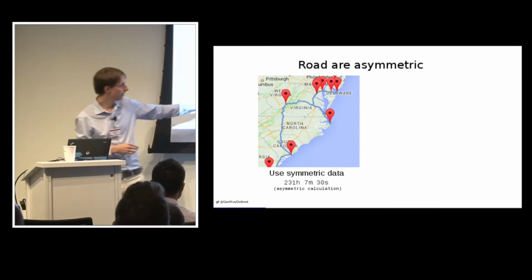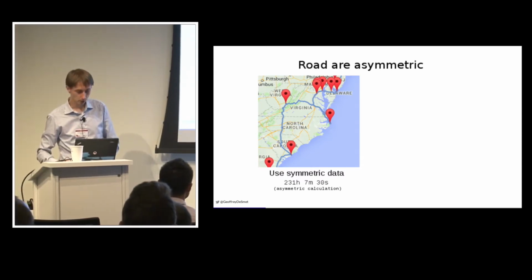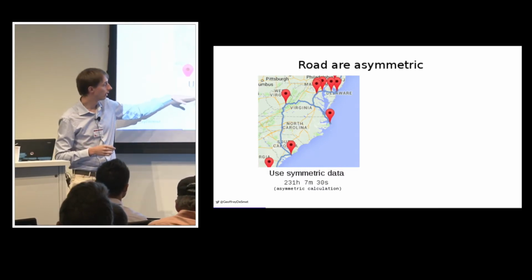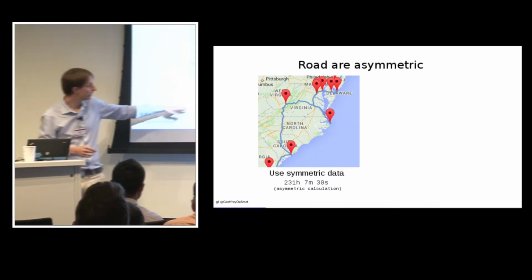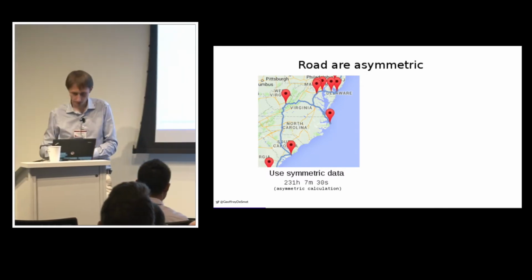First we take the symmetric calculation with the original data sets, and then of course the result is calculated on the asymmetric data set on the real roads, as your GPS would send you, right?